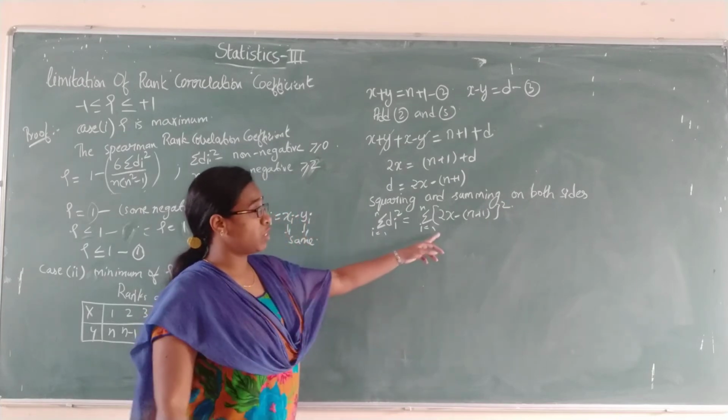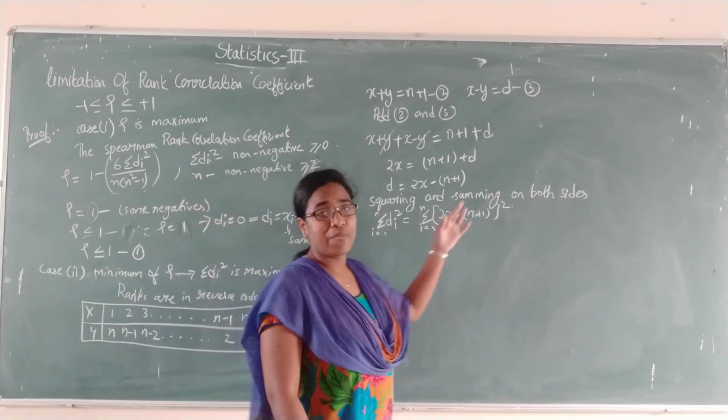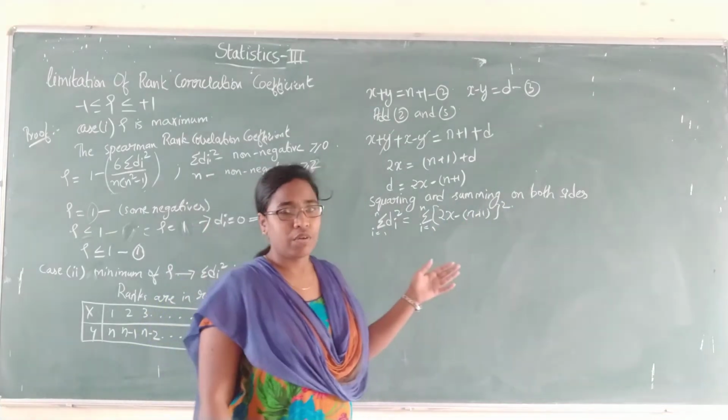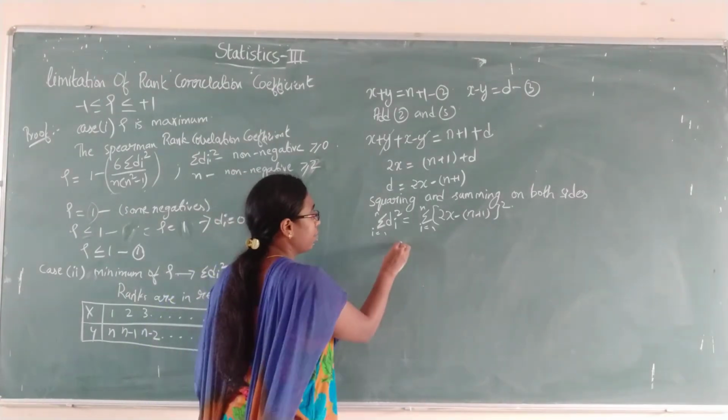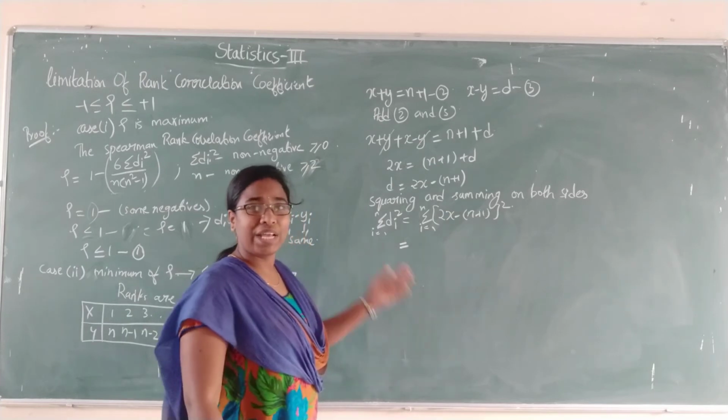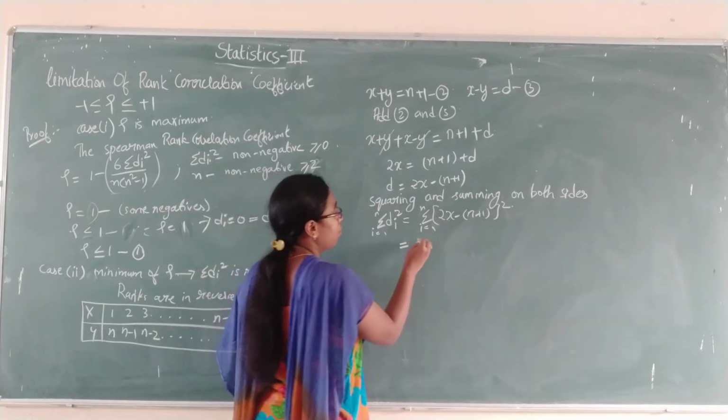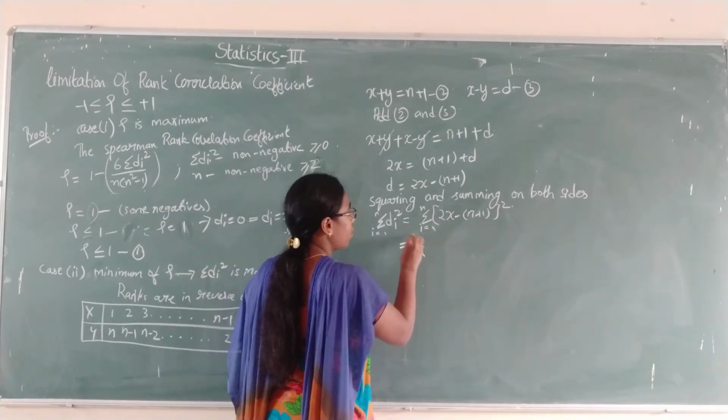If you observe this one, it is in the form of a minus b whole square, so you will apply the formula a square plus b square minus 2ab, and simultaneously apply the summation inside also.